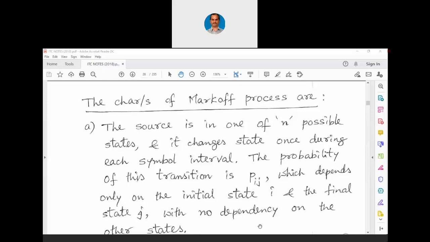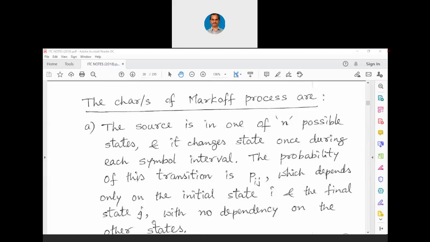But when to multiply and when to add, that depends on the modeling, and there we have to be careful. So we should really understand what we are doing. If we don't understand what we are doing, then there is no point in doing something. That's why I'm going really very slow in discussing this Markov process.